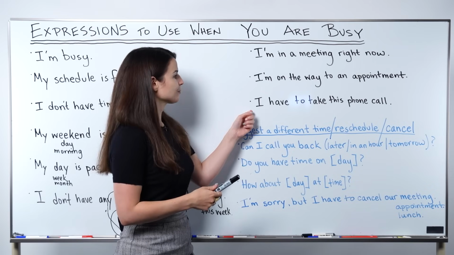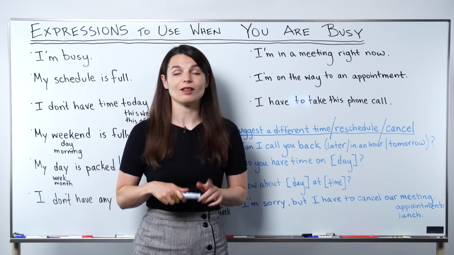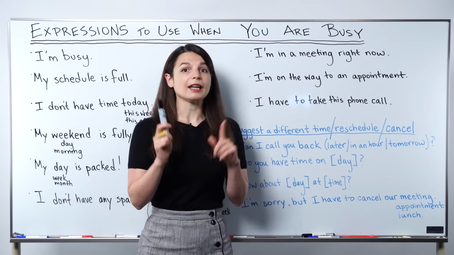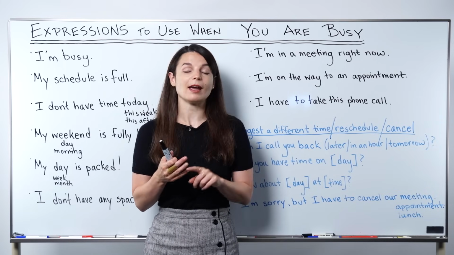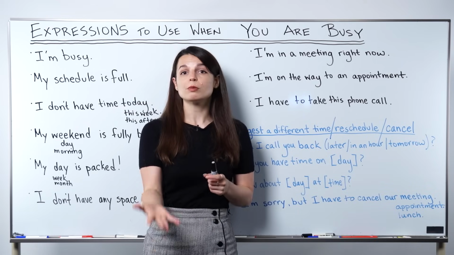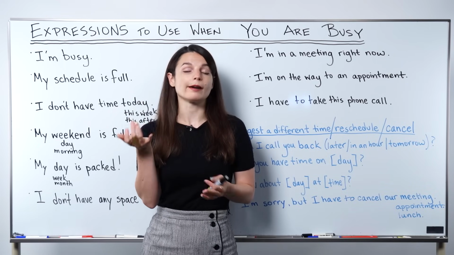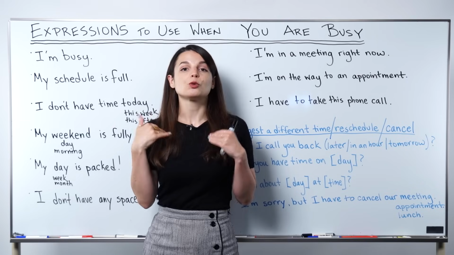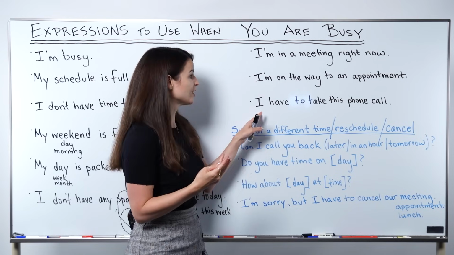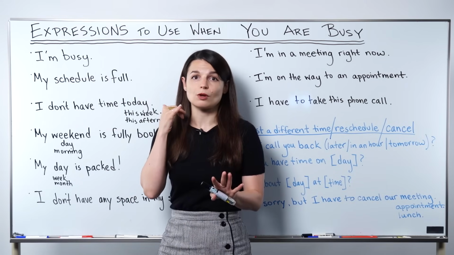And one more. I have to take this phone call. This is a really good one to use if you are in a meeting or maybe at a lunch with someone or at dinner, having coffee, whatever. You receive an important phone call or an emergency phone call. To excuse yourself and say kind of an apology, you can say, I have to take this phone call.